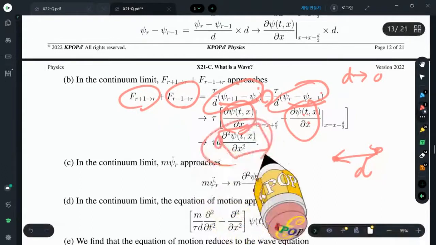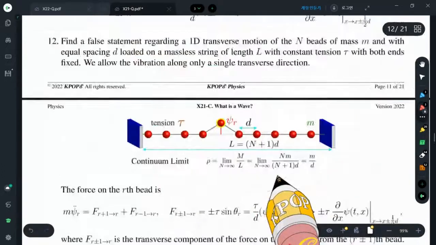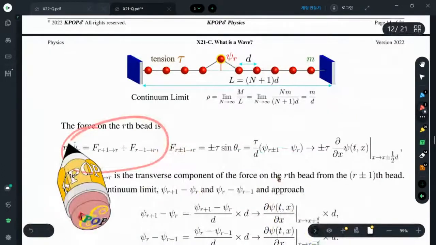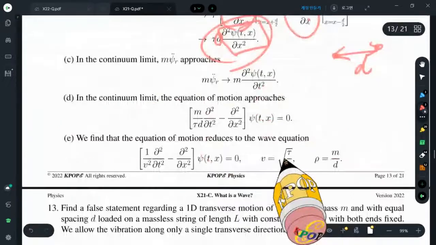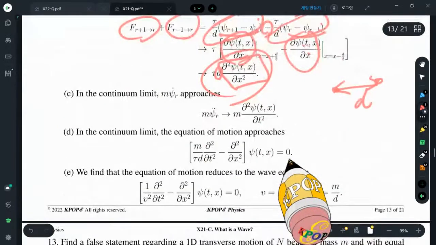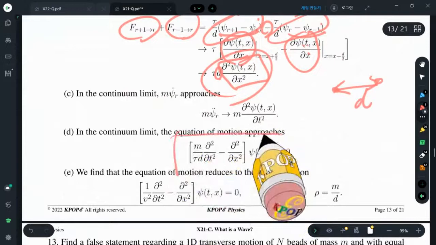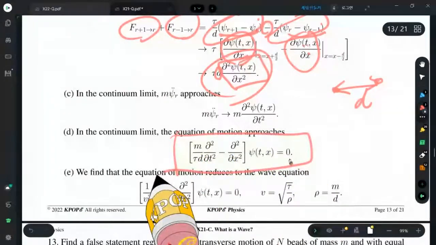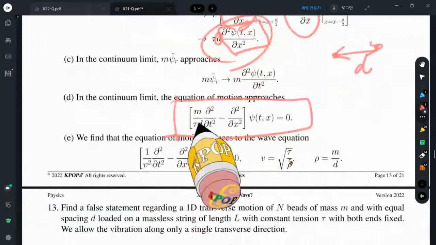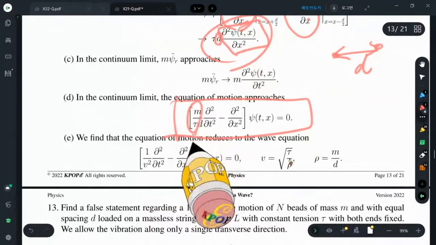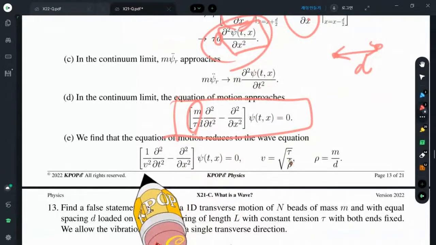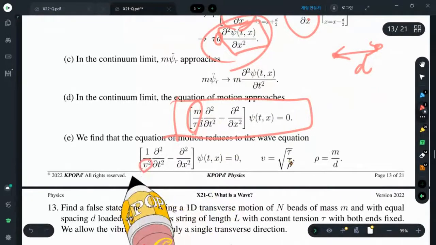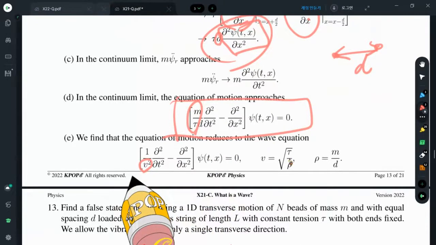If I substitute this into the equation of motion that we have obtained, finally what we obtain is the wave equation, and this wave equation determines what determines the speed of the wave propagation.